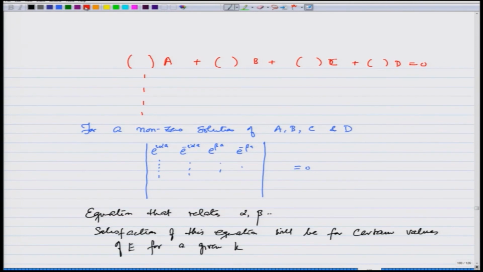Where does the k come from? k is also in these equations. So, what you get is that you have this equation which involves alpha, beta, k, a function is equal to 0.